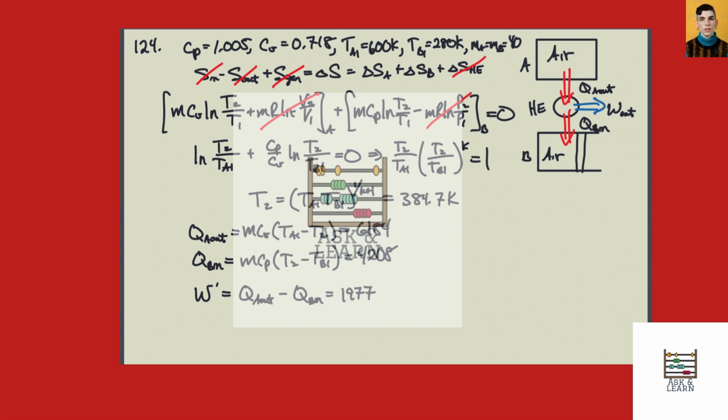I missed a K when I transferred things from my notes. So T2 is TA1 times TB1 to the K, all to the 1 over K plus 1 power.